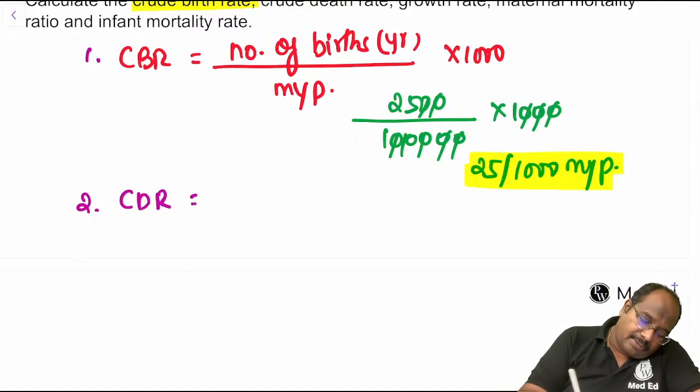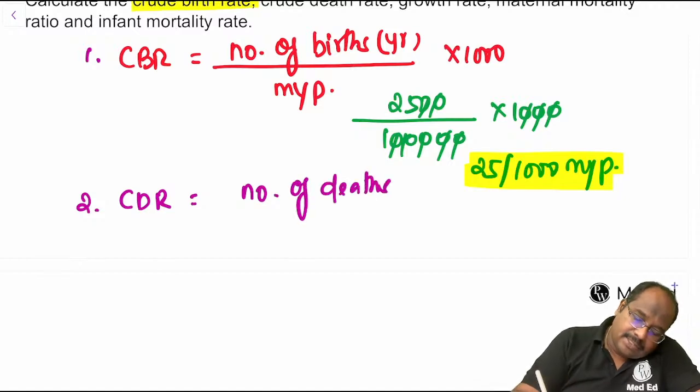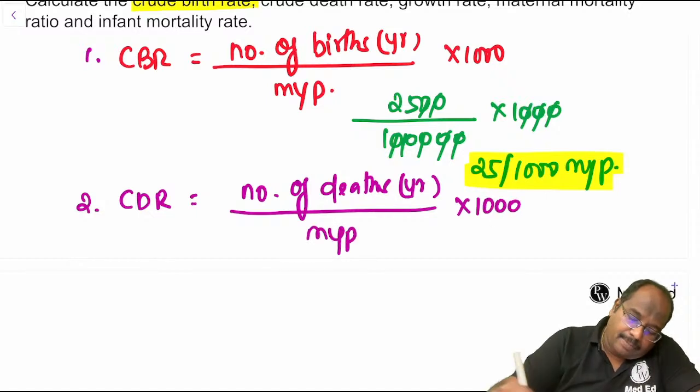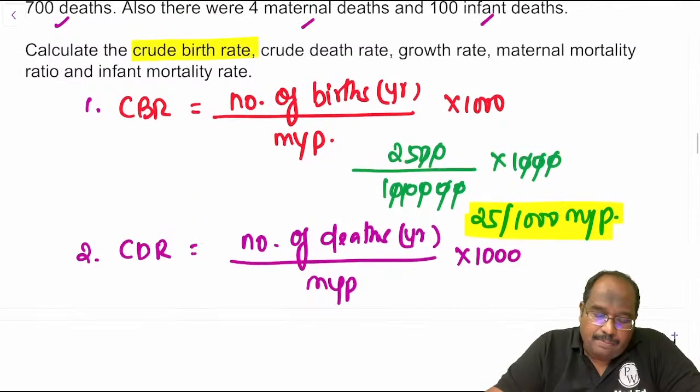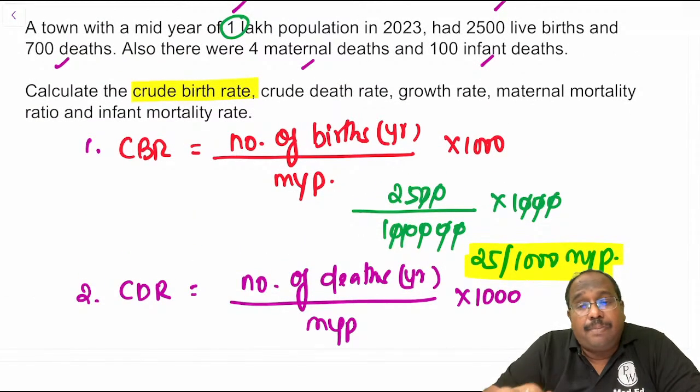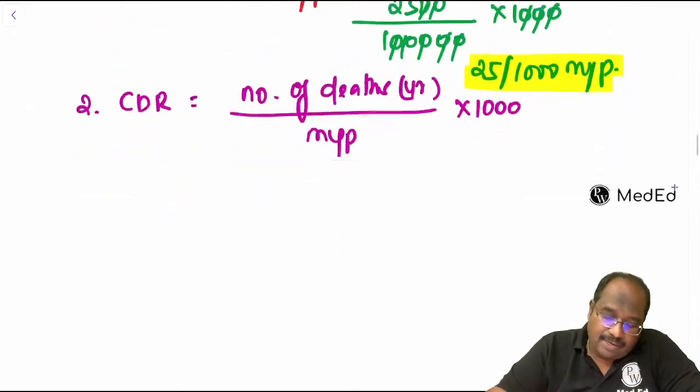Crude death rate: number of deaths in a particular year divided by mid-year population, multiplied by 1,000. How much is the death? 700 deaths.